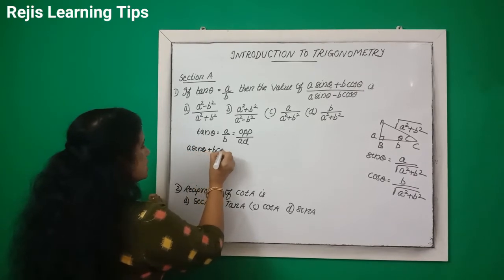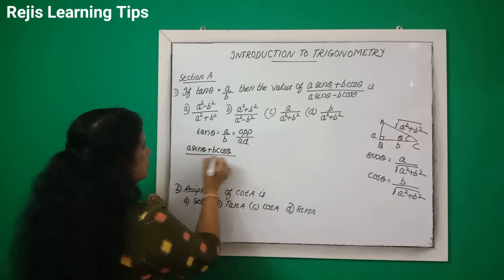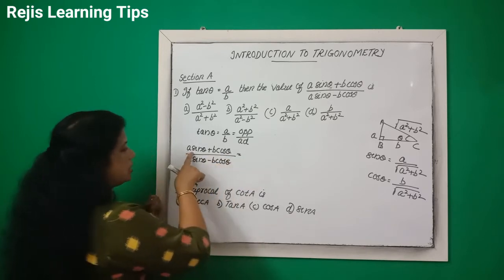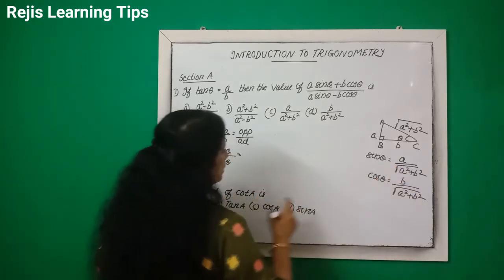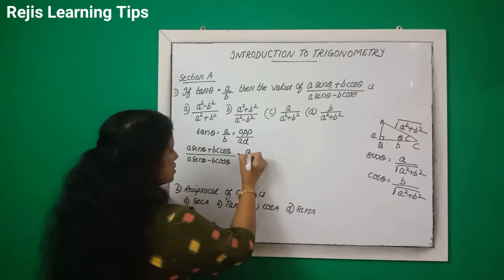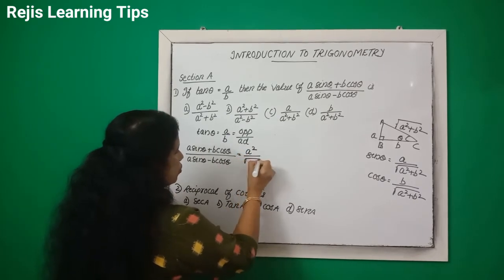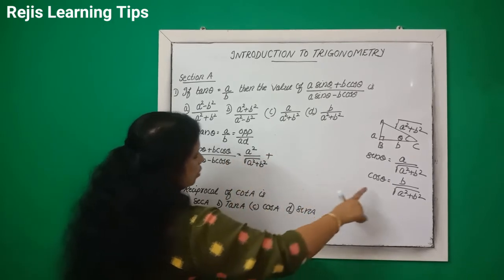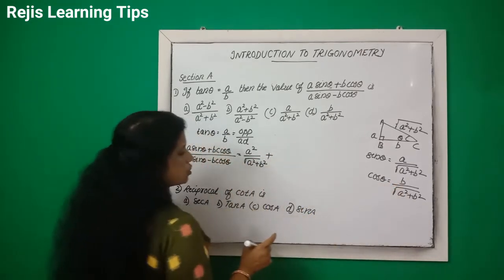A sin theta plus B cos theta divided by A sin theta minus B cos theta, that is equal to A into sin theta, which means A divided by root of A square plus B square. So we can write here A square divided by root of A square plus B square plus B cos theta. Cos theta is B divided by root of A square plus B square.